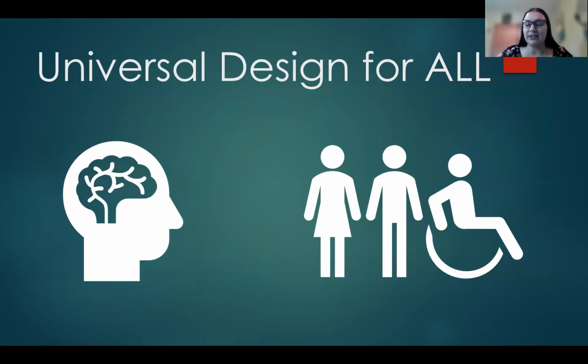So before I dive a little bit deeper into each of those 3 components, I want to remind us that Universal Design for Learning is universal design for all individuals. Universal Design for Learning benefits neurotypical people, neurodiverse people, people with all kinds of disabilities and all kinds of diversities and all kinds of abilities. So for example, if we think about best practices for instruction, universal design that might help someone with a learning disability is also going to help all students learn better.